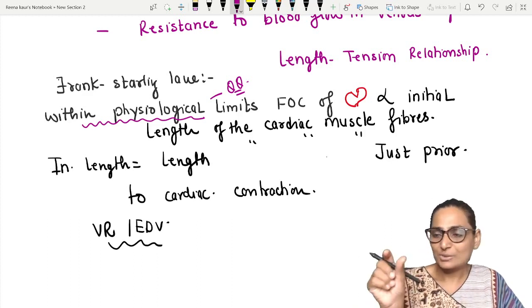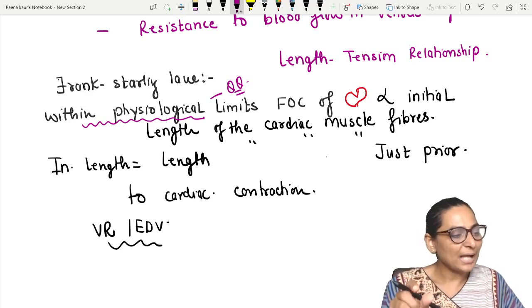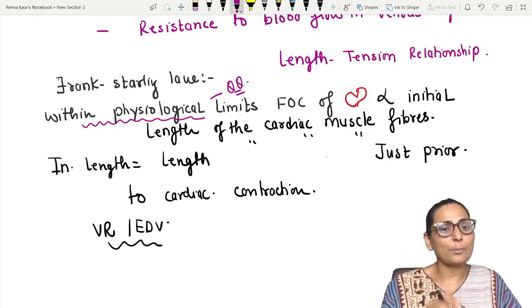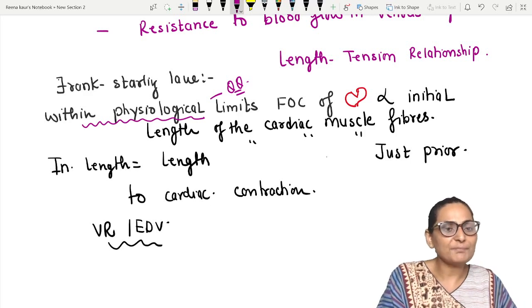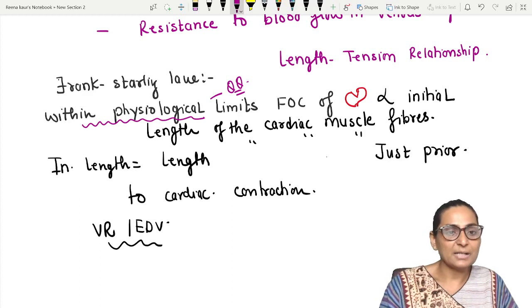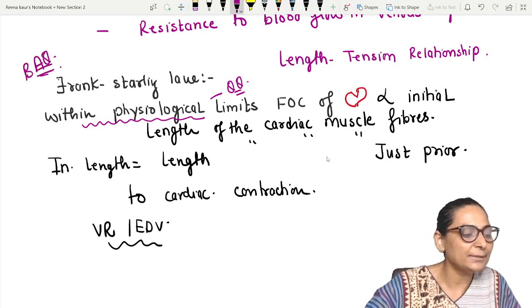That means जो sarcomere का length है वो optimum होना चाहिए so that there is maximum overlapping of actin with myosin that will produce optimum tension or the force of contraction, right? So this is the Frank-Starling's law and this is also my 2 marks BAQ.